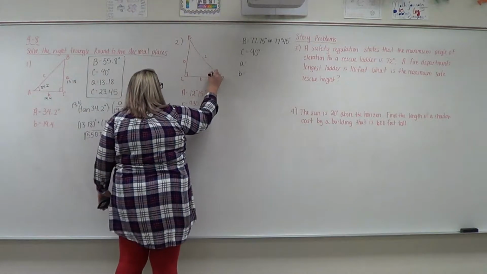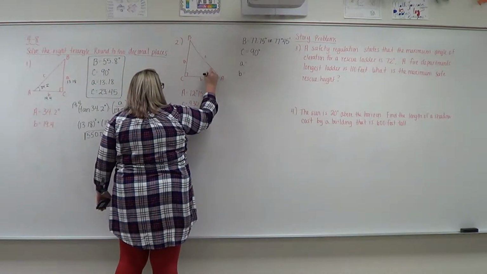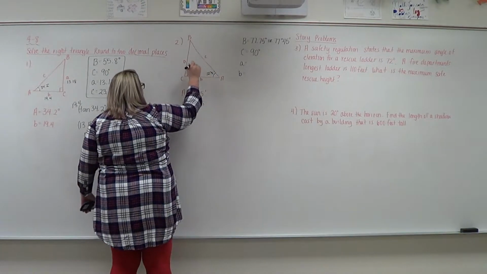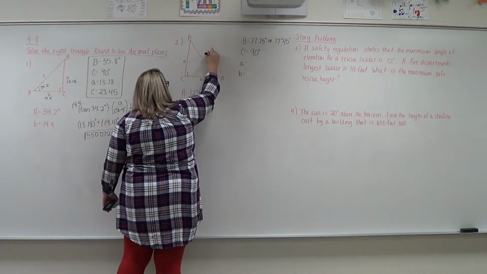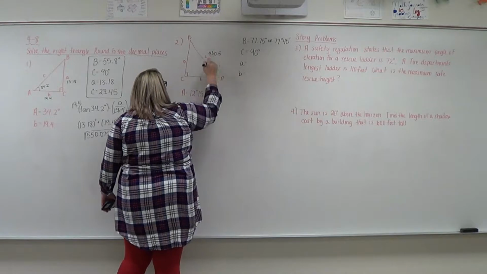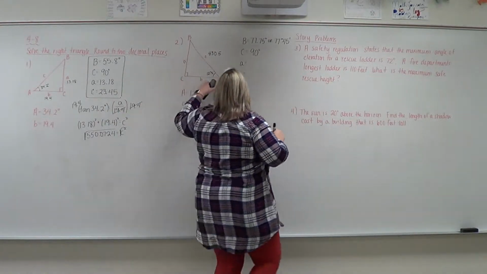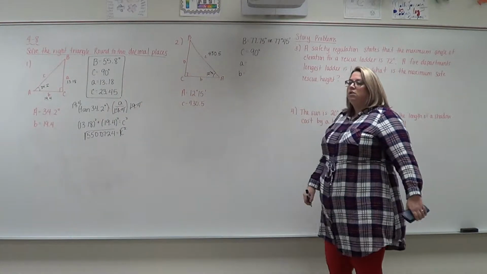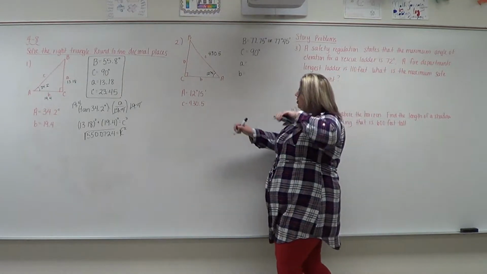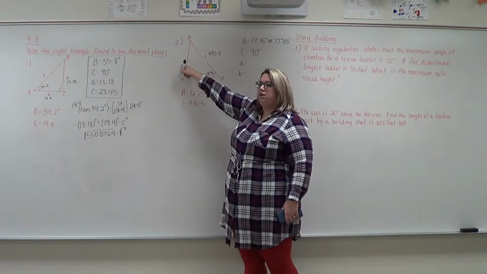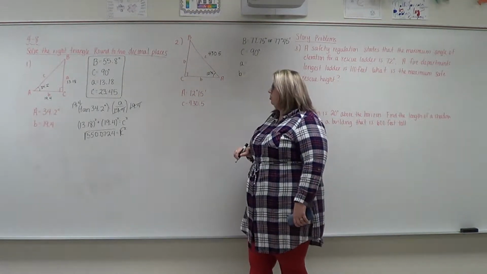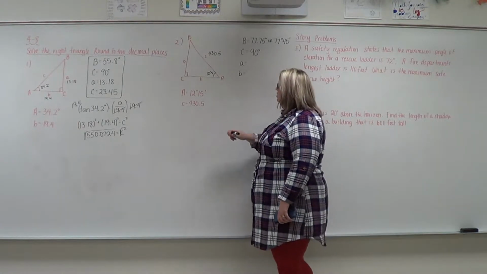Okay, so I'm given angle A, and I'm given the hypotenuse. Do you want to find side A or side B first? Side A, okay, so this would be opposite and hypotenuse, so which trig function goes with that? Sine, good.